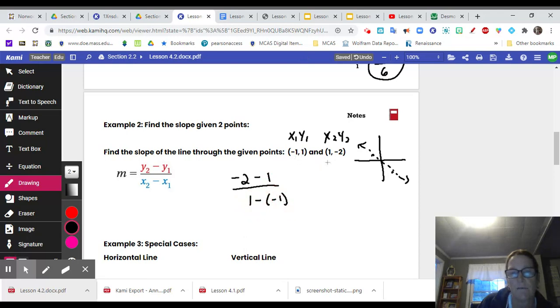It was -1, and now it's 1. I find the difference. -3/2. And this has a slope of -3/2. Now I put the negative sign in the numerator. Most often, after you do the calculation, we'll put the negative sign out front just to say that this is a negative number, -3/2.